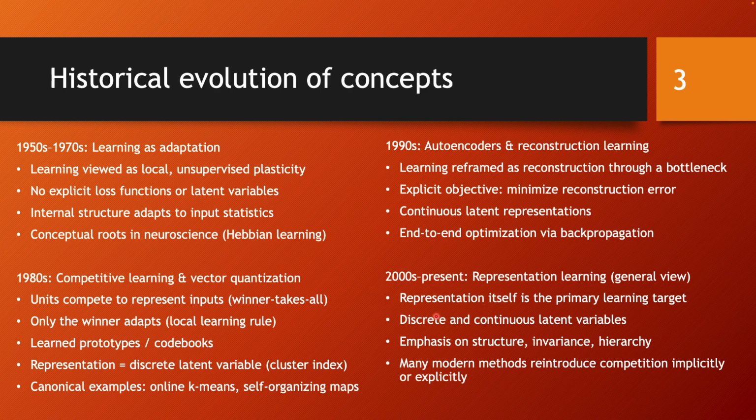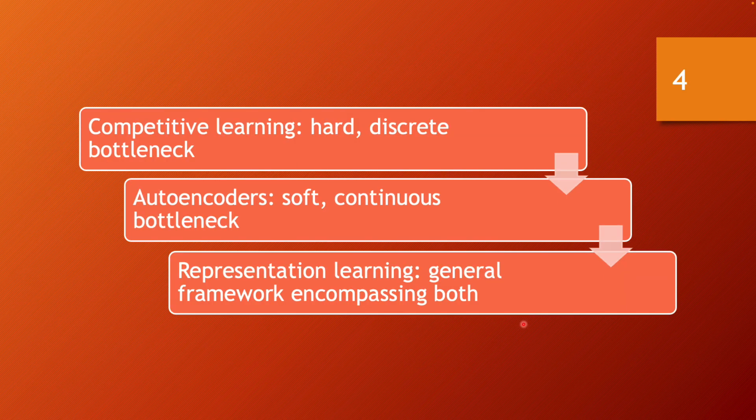So the representation itself is the primary target. You have various frameworks that allow continuous latent variables. They allow also discrete latent variables. And you have all kinds of older concepts, for example, the idea of competition being rediscovered and being reintroduced, whether implicitly or explicitly.